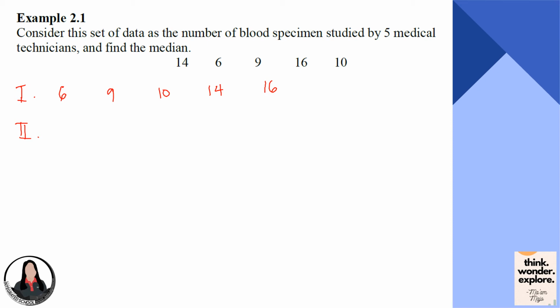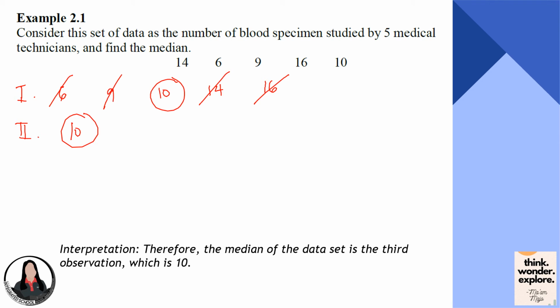So, para makuha natin yung middlemost number, pwedeng mag-cancel kayo. Kung magka-cancel ka dito ng dalawa, cancel ka din dito ng dalawa. Now, matitira yung nasa gitna. So, this is considered as the most middle score. Therefore, the median is 10. Okay? As simple as that. Therefore, the median of the data set is the third observation, which is 10.